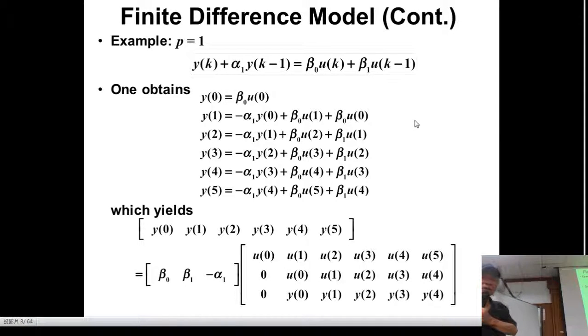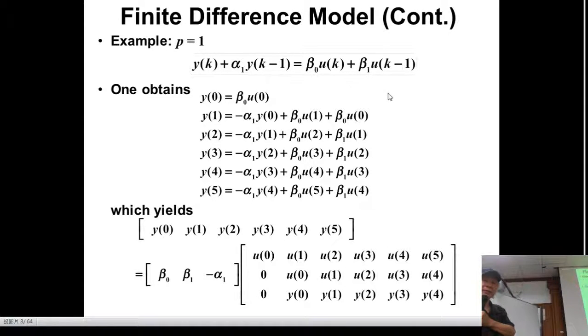Now, if we put u0 and y0 together and define the column u0, y0 as v0, that means I put u and y together. I define that equal to v, and then this becomes v0, and the same for v1, v2.